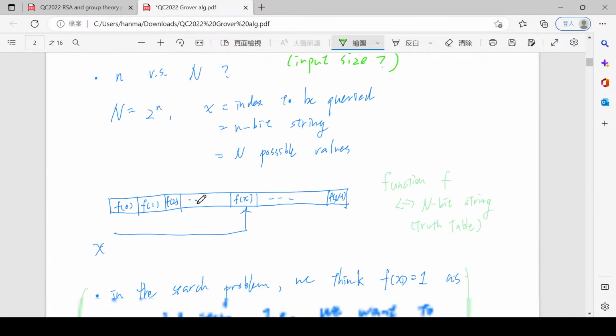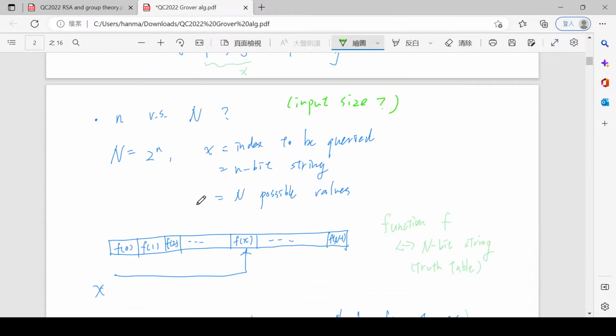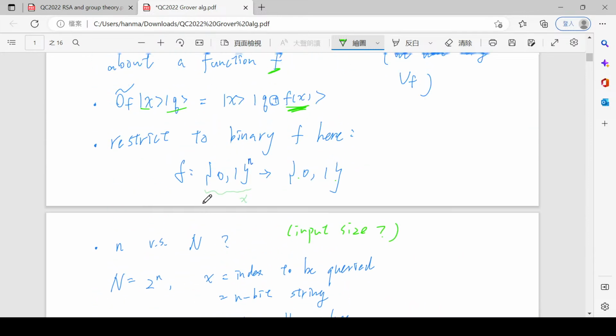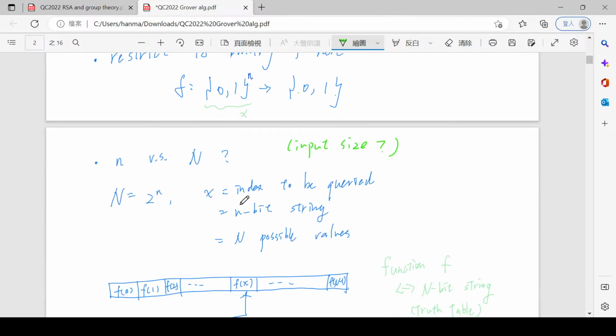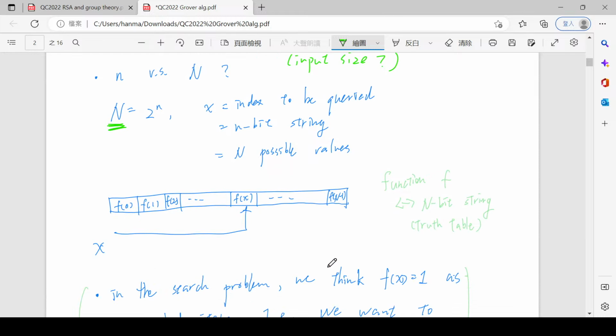So we will be a little ambiguous about what the input is in our problem, but mostly we think of f itself. So everything about f is input to our problem. The input size is actually this big N-bit string, and that's just as we write here. It's the truth table of small f.